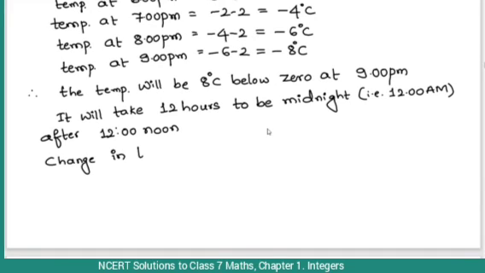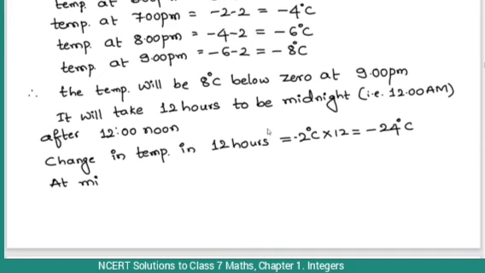Change in temperature in 12 hours is equal to minus 2 into 12, that is minus 24 degrees Celsius. At midnight, the temperature will be how much?